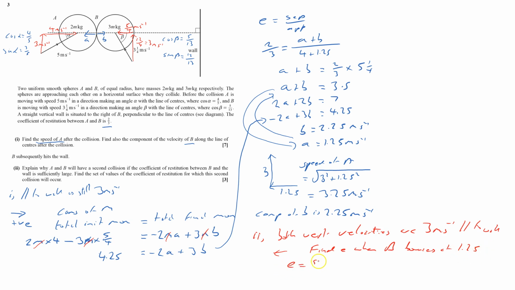Now E equals separation over approach, and the separation speed must be 1.25, and the approach speed is 2.25, and that will equal 5/9, and E must be greater than that. Therefore, E is greater than 5/9. Because if it were to equal 5/9, they would bounce back at exactly 1.25, and therefore it would keep exactly the same gap between them the whole time. And that's question 3 done.